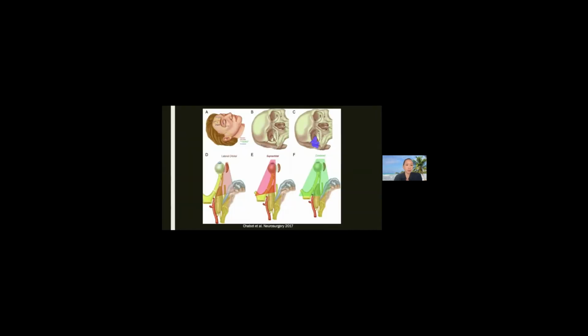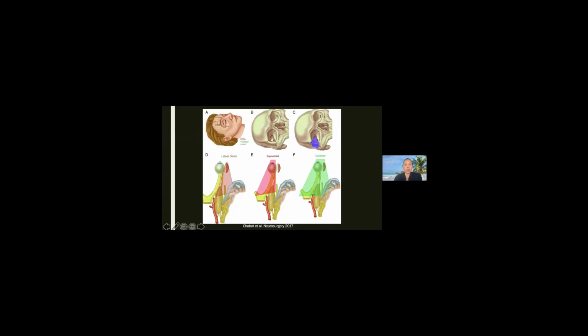So you can do a combination of those. So basically, as we talked about, the lateral orbitotomy gets you access to the lateral orbit, as well as the cavernous sinus and the medial temporal lobe.